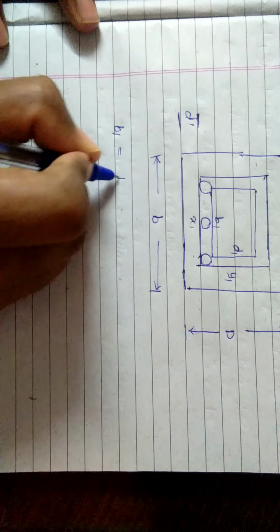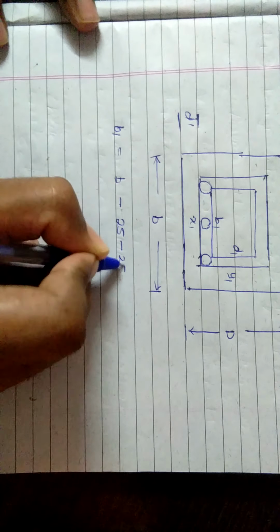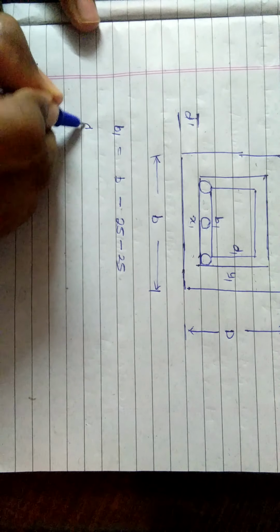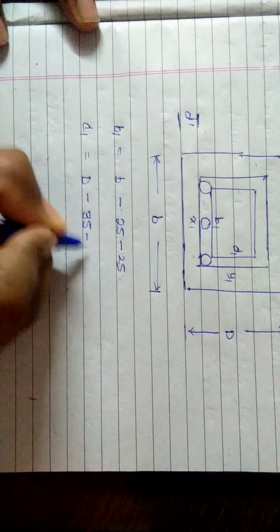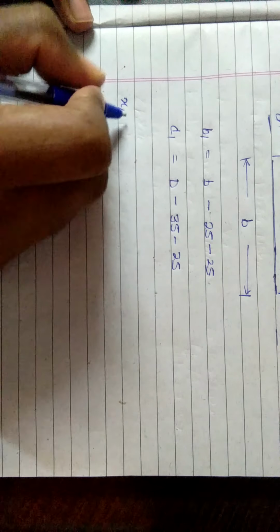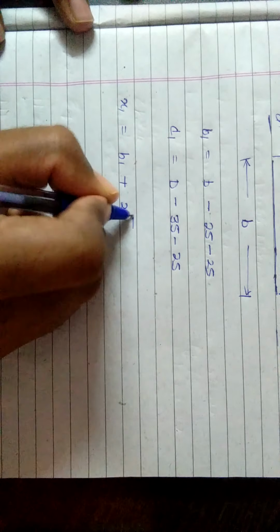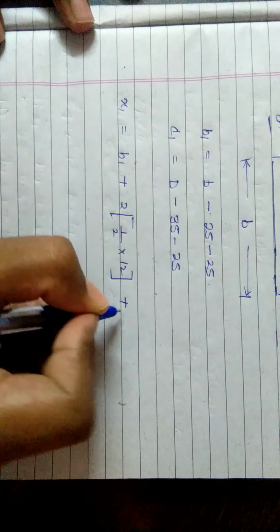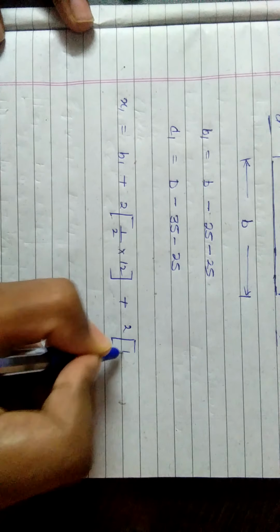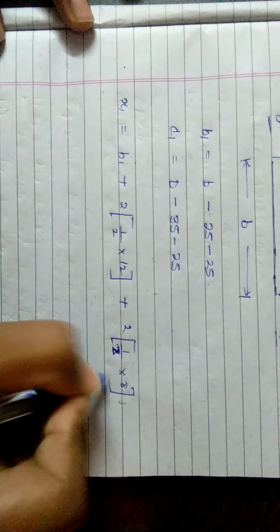For this the B1 is equal to width minus 25 minus 25, and d1 is equal to overall depth minus 35 minus 25. Okay, and plus x1 is equal to b1 plus 2 in bracket half of bar diameter plus 2 into half of stirrup diameter into 8.